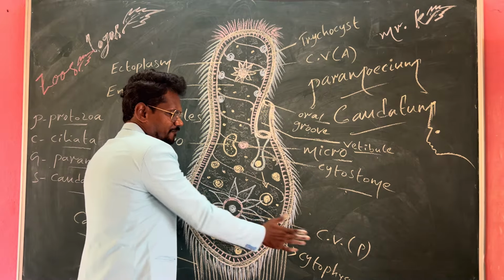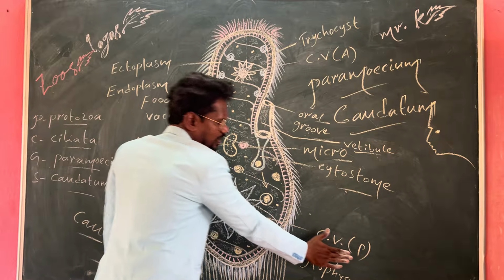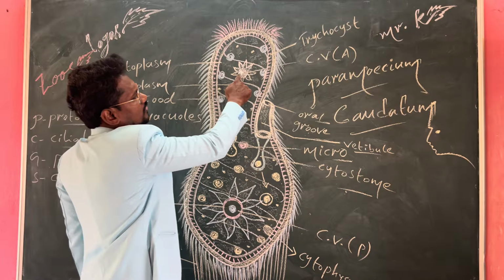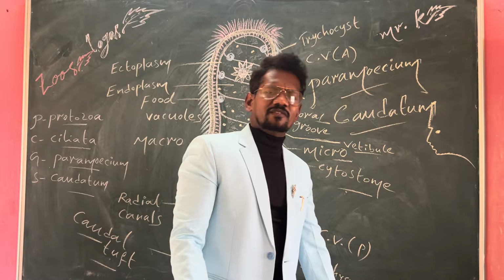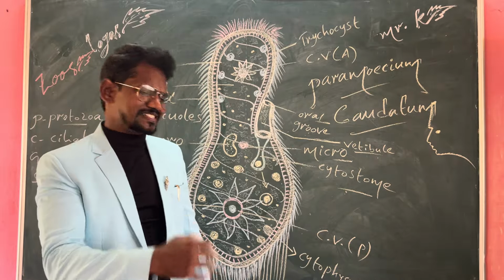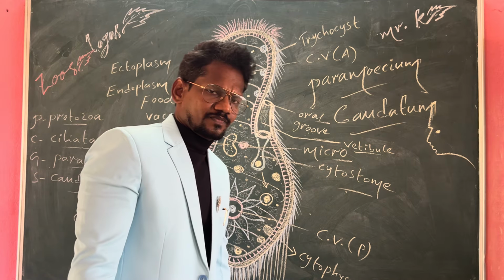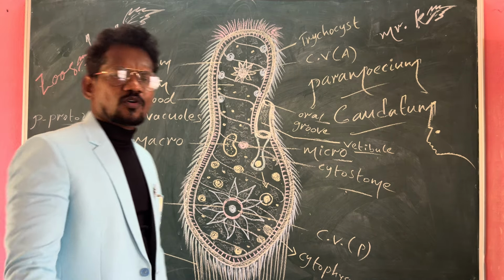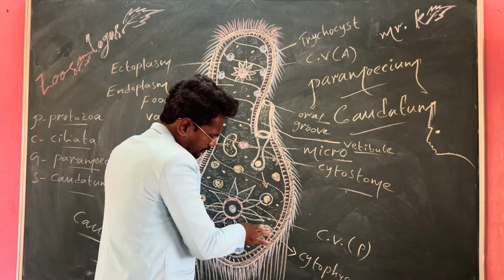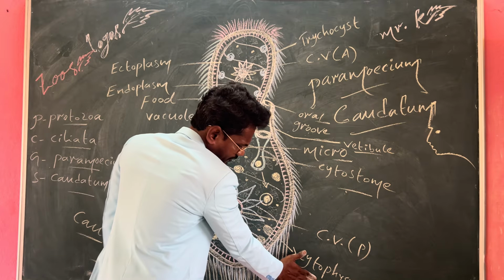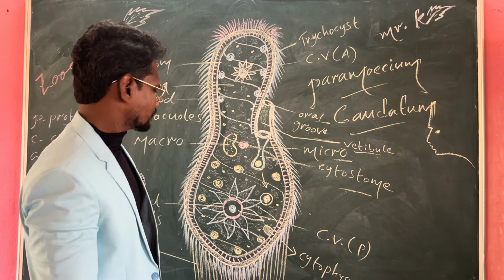This is a contractile vacuole towards the posterior, and this one is also a contractile vacuole towards the anterior. They eliminate foreign particles or undigested food substances from the cell, and also maintain osmoregulation. We can observe here the elimination of waste material, called cytopyge.